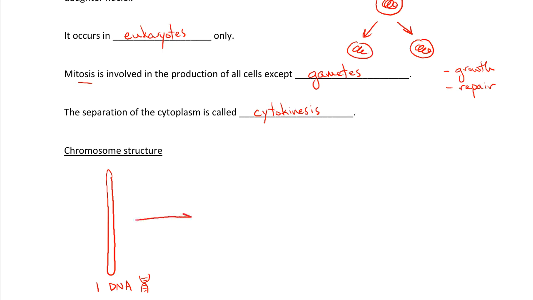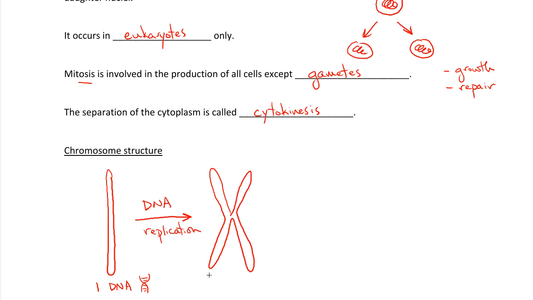Now, DNA replication, which does not happen during mitosis, but happens separately, again, we'll talk about that when we talk about the cell cycle later, leads to a chromosome that has two DNA molecules in it. So this now is two DNA molecules, two DNA double helices, again, very condensed.